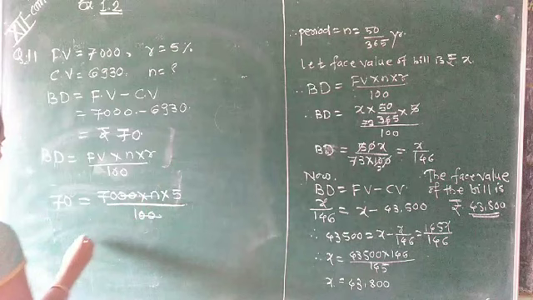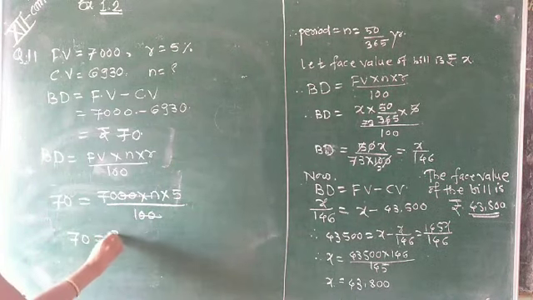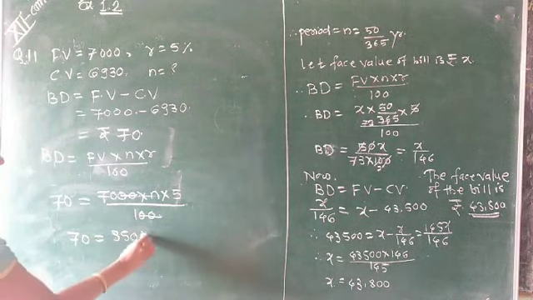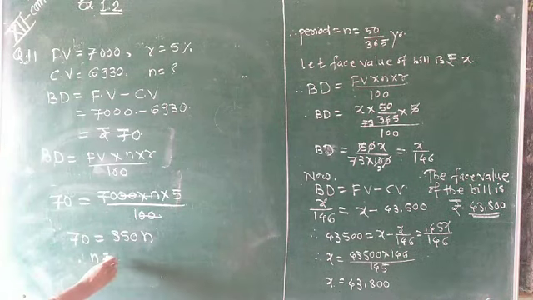Hence the zeros will get cancelled. 70 is equal to 350 N. Therefore N is equal to 7 upon 35.